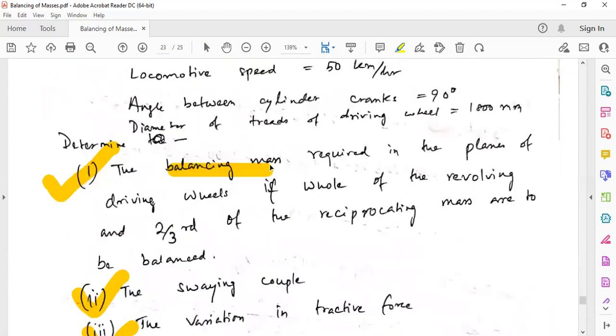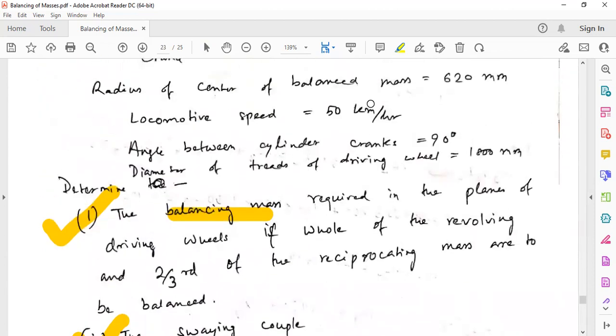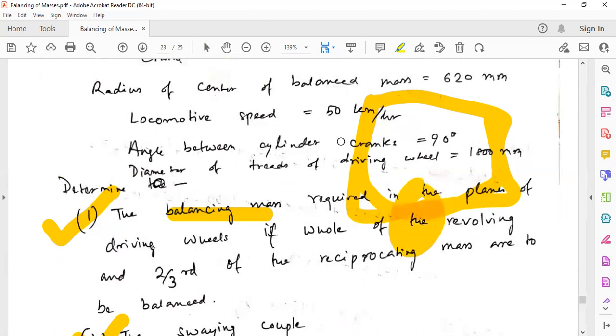See, the thing is, this is the locomotive, no? This is the wheel. Locomotive linear velocity is given, 50. So to find the angular velocity of the wheel, omega, we have to take its radius of the wheel and the velocity of the entire thing. So linear velocity of this wheel is known, that is 50 km/h.